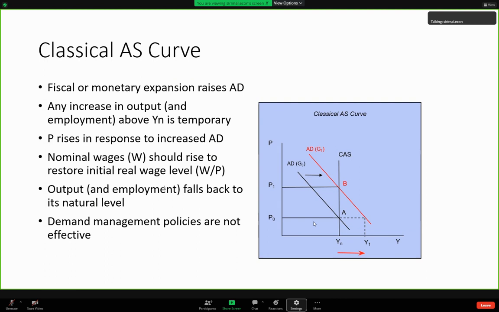But over time, the price level starts rising, because nominal wages, the real wages have to be settled. When the price level starts rising, output falls back to its natural level. That means the demand management policies prescribed by Keynesians are not effective.